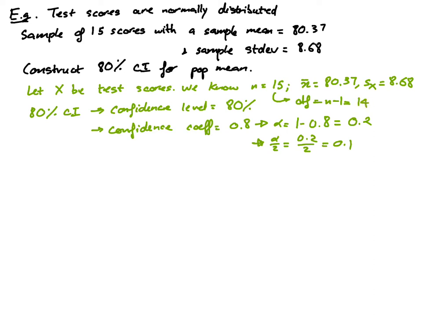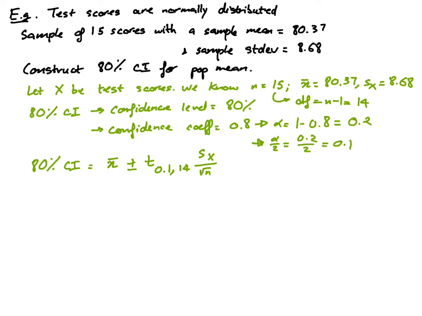So applying the formula, the 80% confidence interval is equal to x bar plus minus t sub 0.1 with 14 degrees of freedom, so t sub 0.1, 14 times sx divided by the square root of n. Okay.